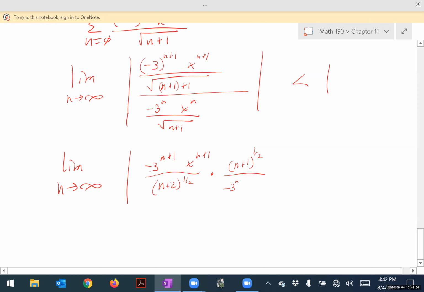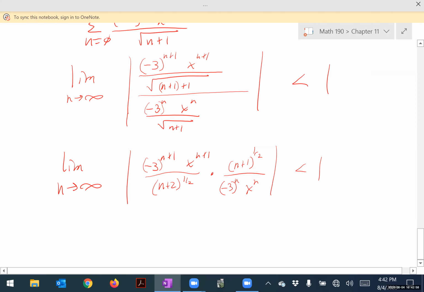The negative 3 is being multiplied, by the way. It's negative 3 to the nth power. And when is that thing less than 1?